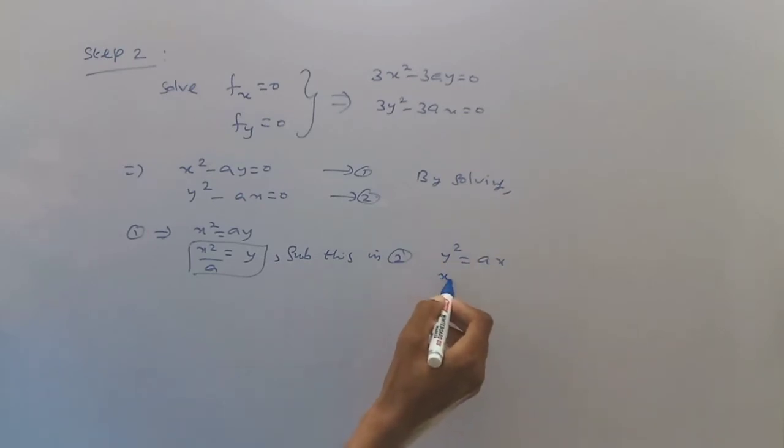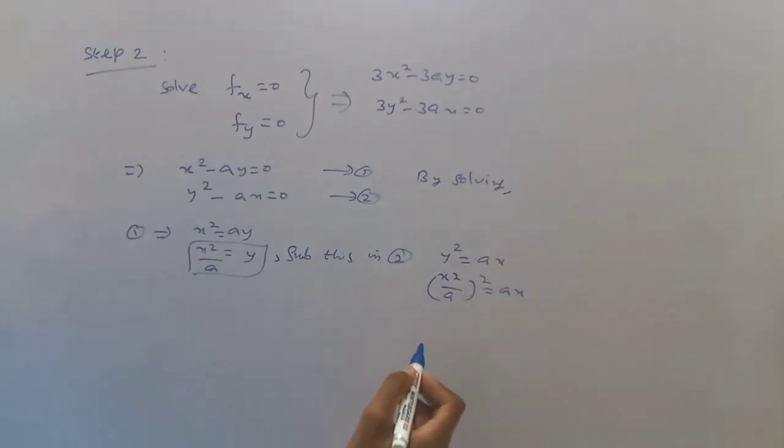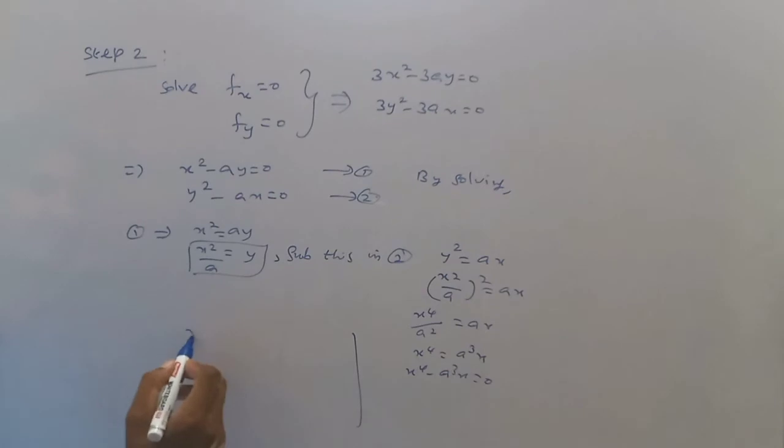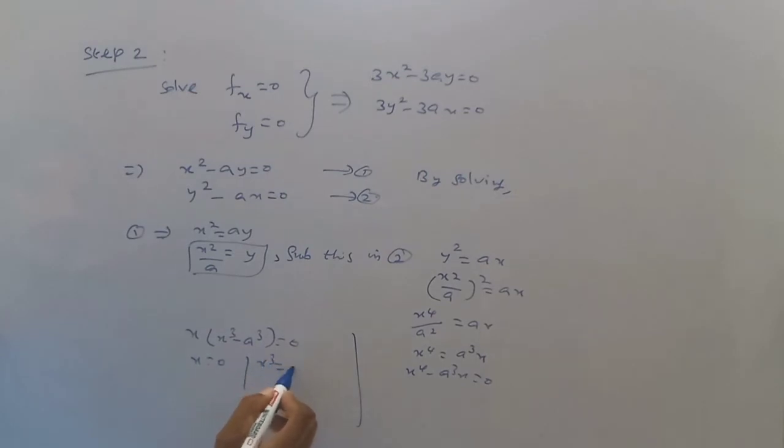So y equal to x square by a, whole square equal to ax. So x power 4 by a square equal to ax. x power 4 equal to a cube x. x power 4 minus a cube x equal to 0. That is x into x cube minus a cube equal to 0. x equal to 0 and x cube equal to a cube.